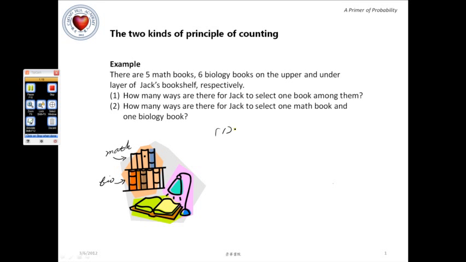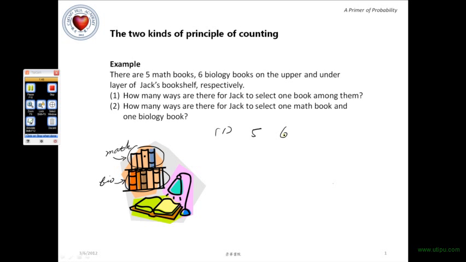Jack may happen to stare at his math books at first and easily find that if he chooses any one of them, there are totally 5 choices. Then he moves his eyes to the bio books and finds he has 6 choices over there.